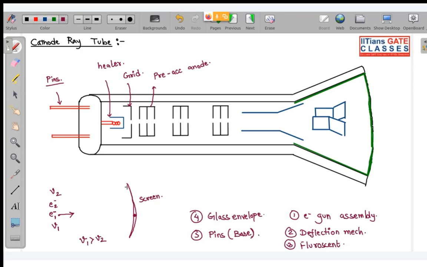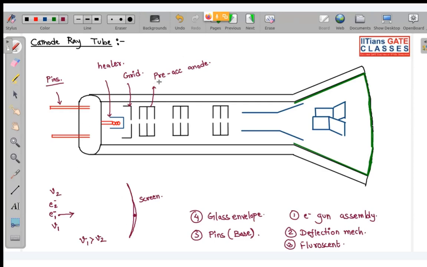So similarly here also the same thing is happening. Why did you say the big rifle? Because the bullet coming out from a big rifle has more velocity compared to a small revolver or a pistol, so it will cause more damage. In a similar way, this electron has more velocity, so when it hits the screen, it will cause more luminescence compared to this.